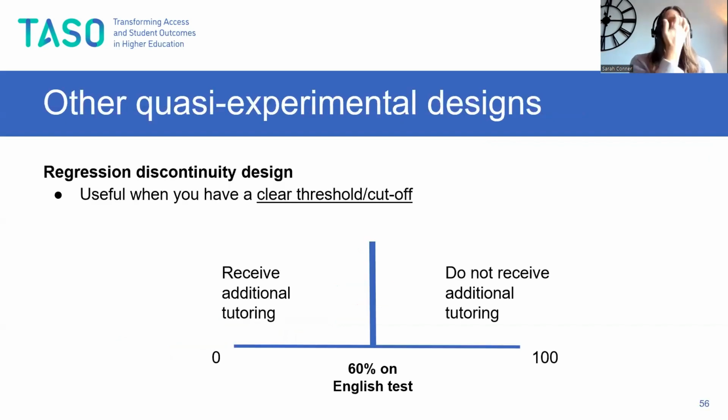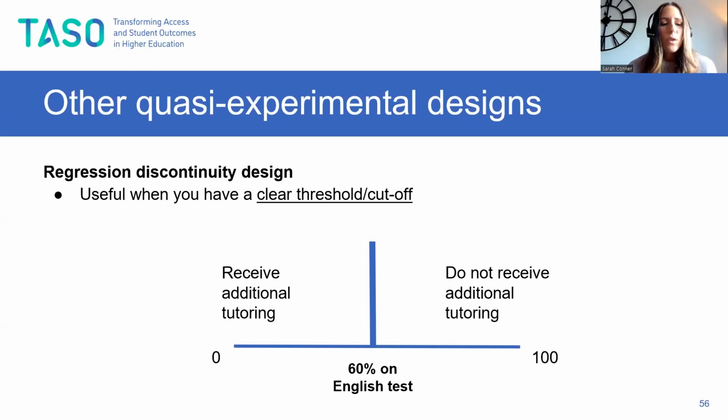But other methods to use if you don't have that pre-intervention data, another quasi-experimental design is a regression discontinuity design. This is really useful when you've got a clear threshold or a clear cutoff for those receiving an intervention. For example, you want to offer tutoring only to those who get 60% or less on their English test.